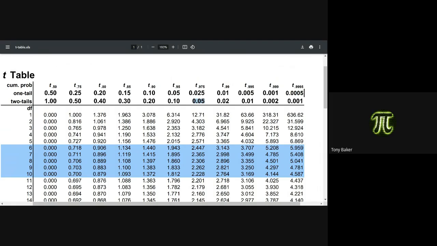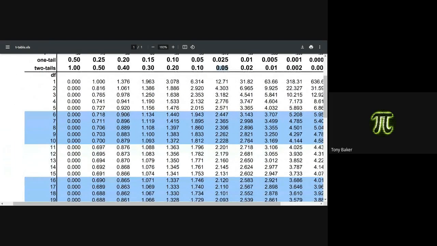The second piece of information we need is the other column, the degrees. This is known as degrees of freedom.